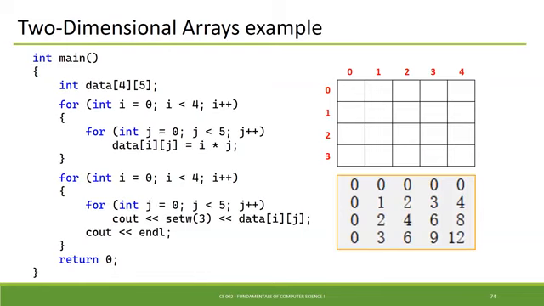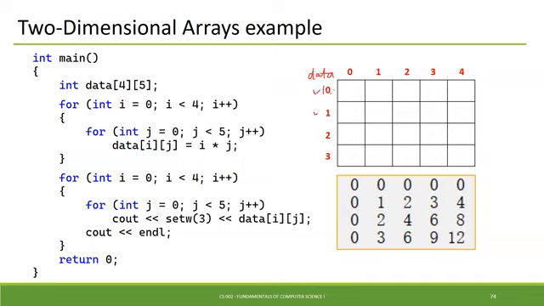This is an example. Look at this one. It is a little more complicated than a one-dimensional array, but nothing special. So here, data for 3. I have 4 rows and 5 columns. Actually the index starts from 0, always.